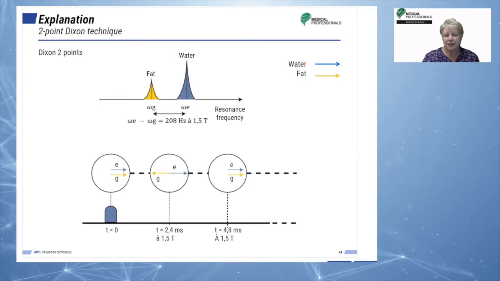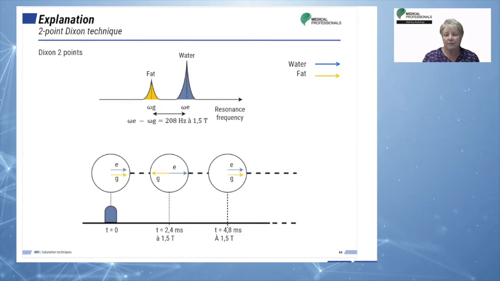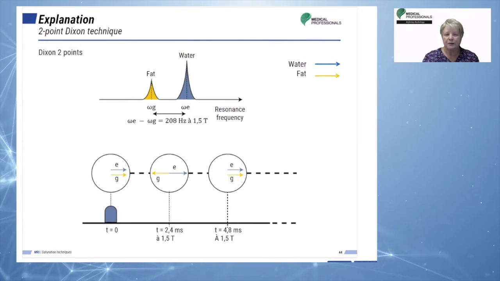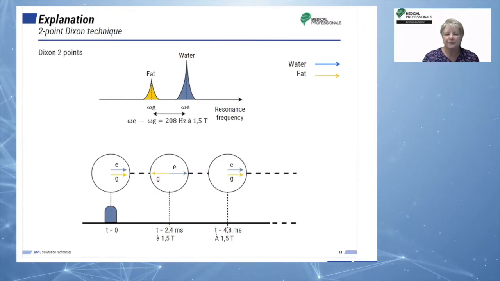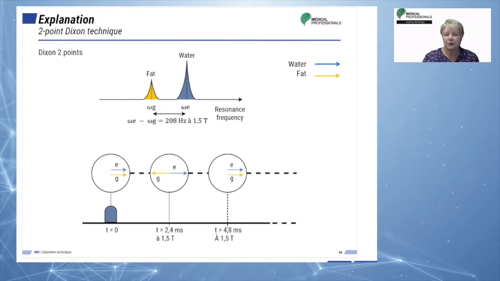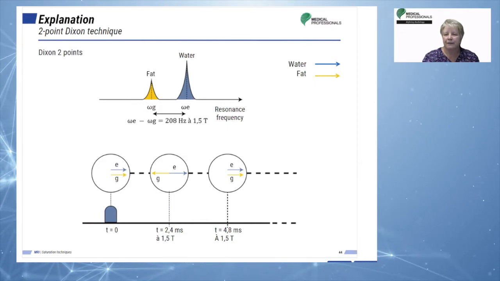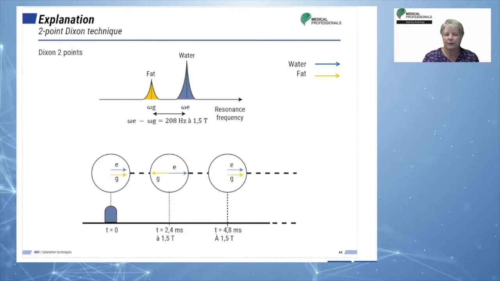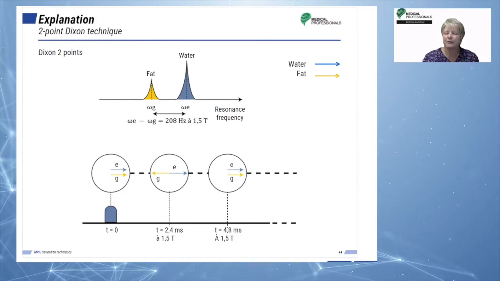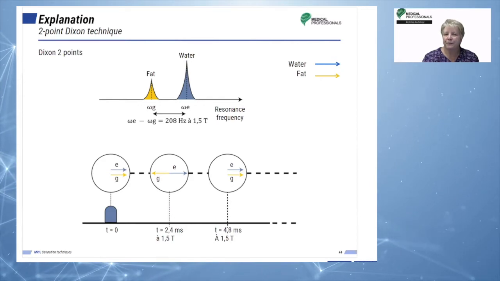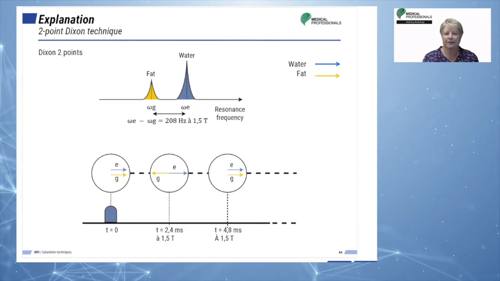Dixon technique, as mentioned, is based on chemical shift. If you recall, fat and water have different resonance frequencies. We use this here to our advantage. Water and fat are out of phase when the phase difference between the two of them is 180 degrees, meaning the phase is opposed. This is produced at each 2.4 milliseconds in a 1.5 Tesla scanner.